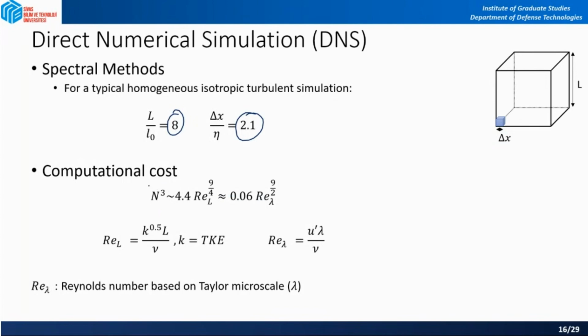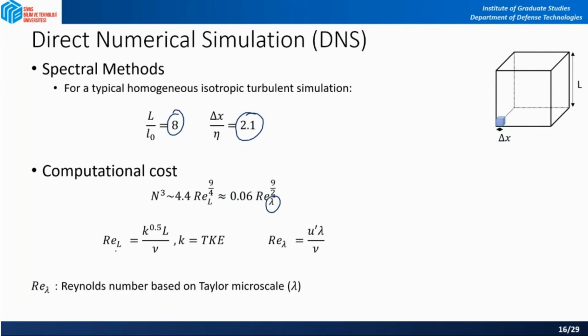There are a few results that can be derived, like N cubed is approximately equal to 4.4 times the Reynolds number based on your integral length scale to the power of 9 over 4, or a Reynolds number based on your Taylor microscale, which is denoted by lambda here.